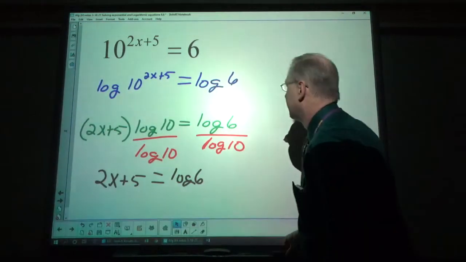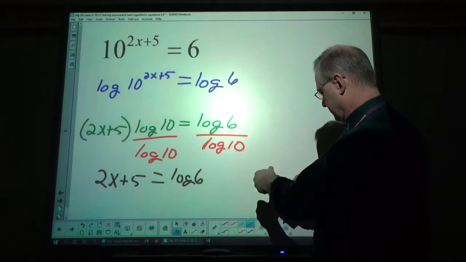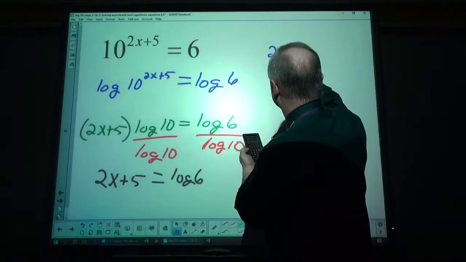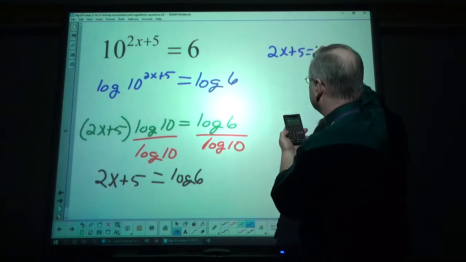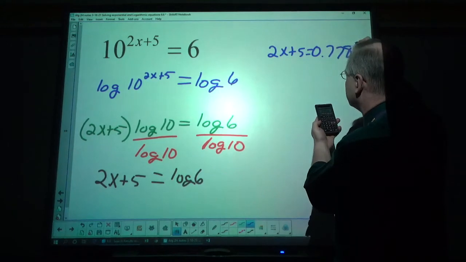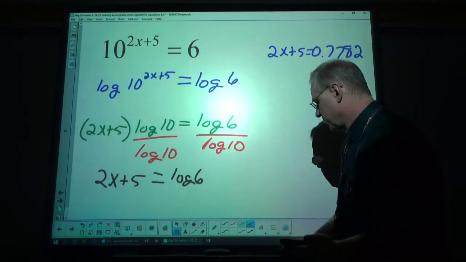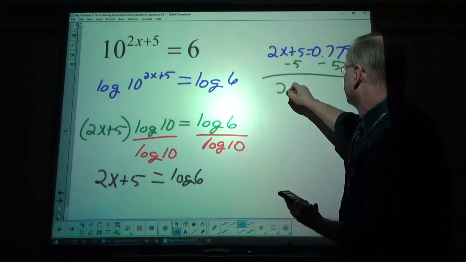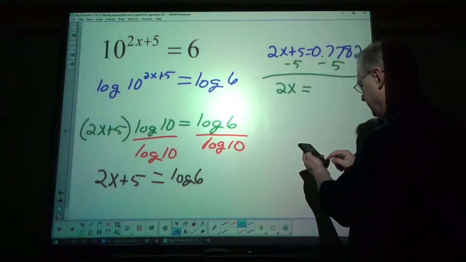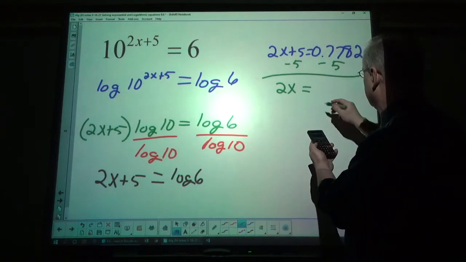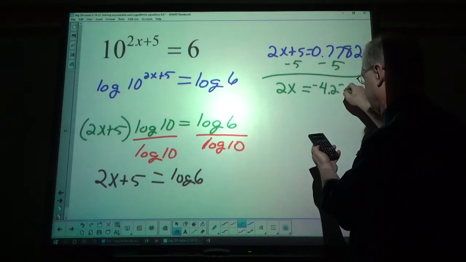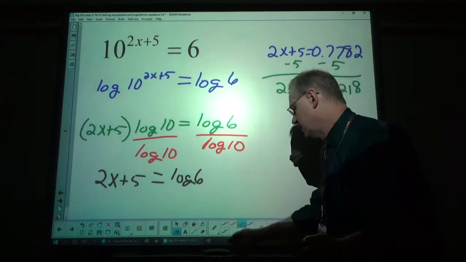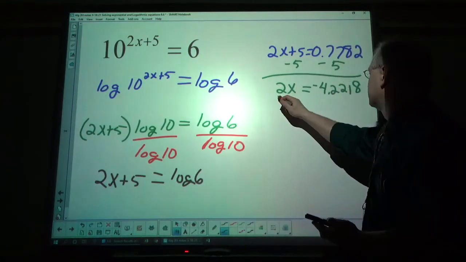Now over here, let's do that out. Log of 6. That's the log button on your calculator. 0.778. Let's round at 4 places too. So I'm going to subtract 5. And negative 4.2218, say, and divide by 2.